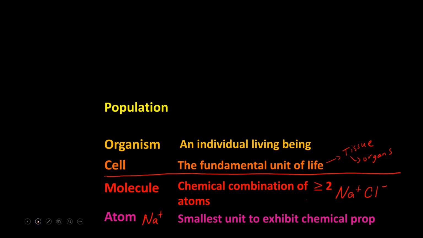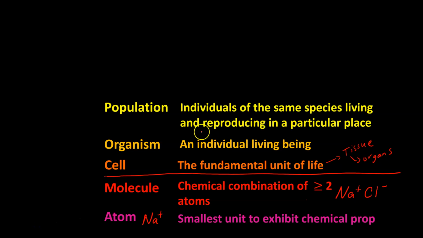Remember, a population is individuals of the same species living and reproducing in a particular place, just like a penguin. One of the important pieces is that they are able to reproduce fertile offspring. All right, so that is a population.